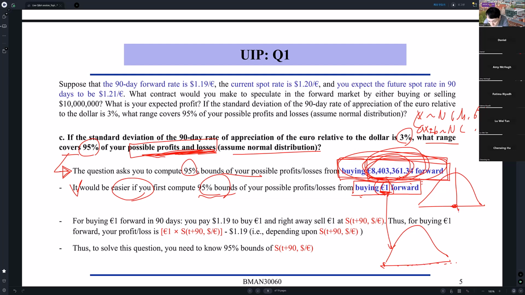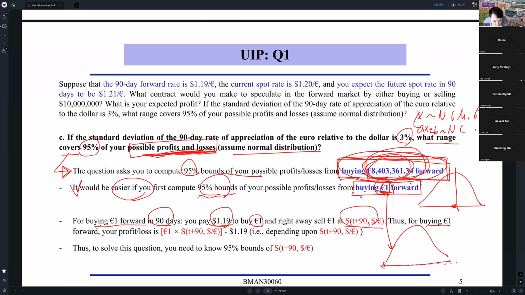Now, you need to think about how we compute the profit from buying €1 forward. For buying €1 forward in 90 days, you have to pay $1.19 to buy €1. And right away, you're going to sell €1 at an unknown future exchange rate. So you're going to pay this one and you're going to get this one.